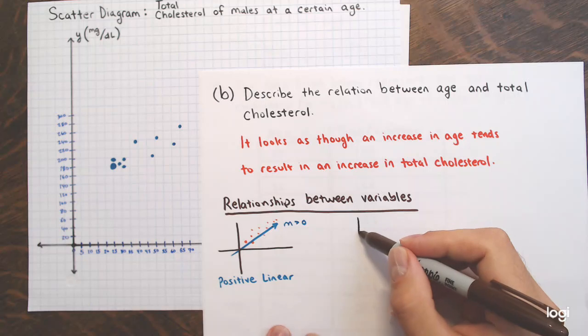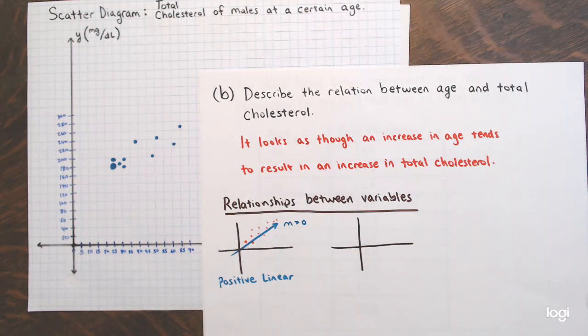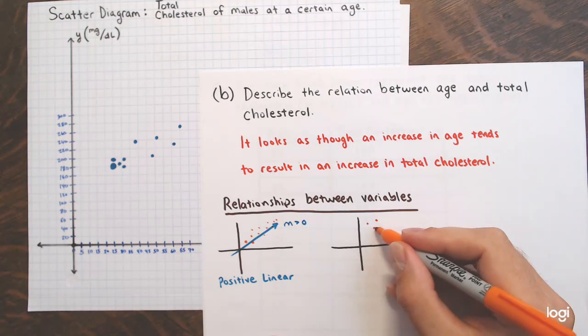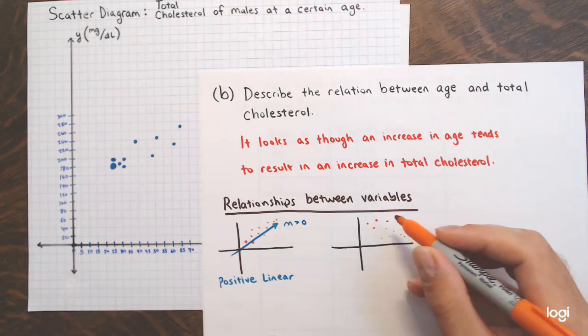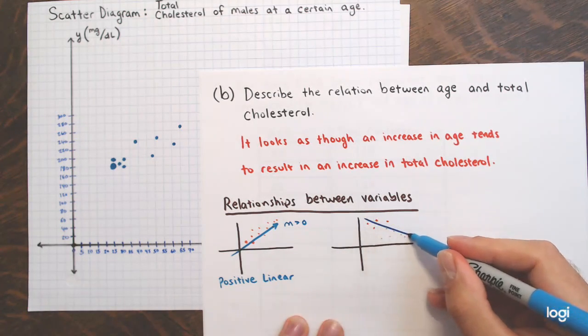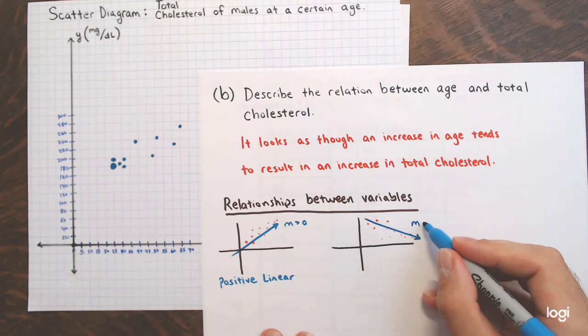Well, you could also have the points trending downward as you move to the right. Here's another possibility: if I draw a scatter diagram and the points seem to, as I move to the right, be trending downward, I can draw a line to show the trend, and that is a line with a negative slope, right?